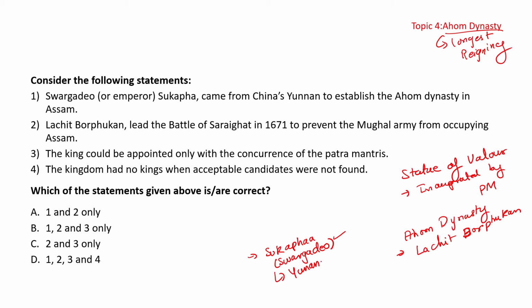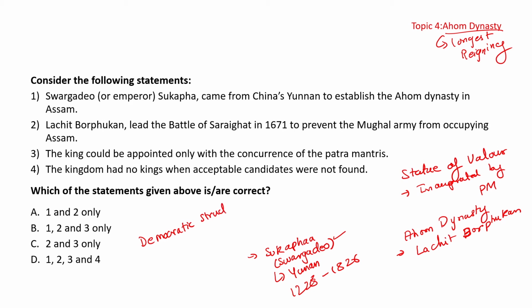Alright, and second thing with respect to him is the dynasty that he established survived from 1228 to 1826. Now one of the reasons for this was a reasonably democratic structure in this dynasty.